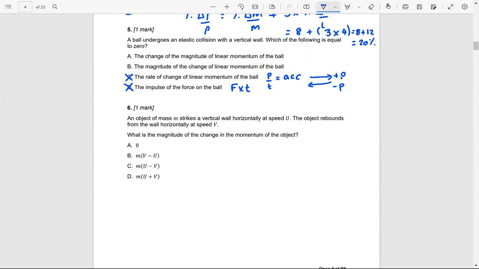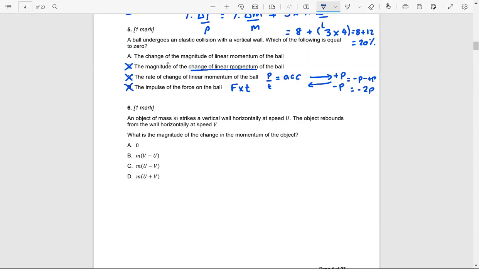So if we were to do the change of momentum, it would be final minus initial, which is minus 2p. So we've got a negative 2 momentums, and the magnitude is 2, so it's not B. So it is A, but let's just check why.